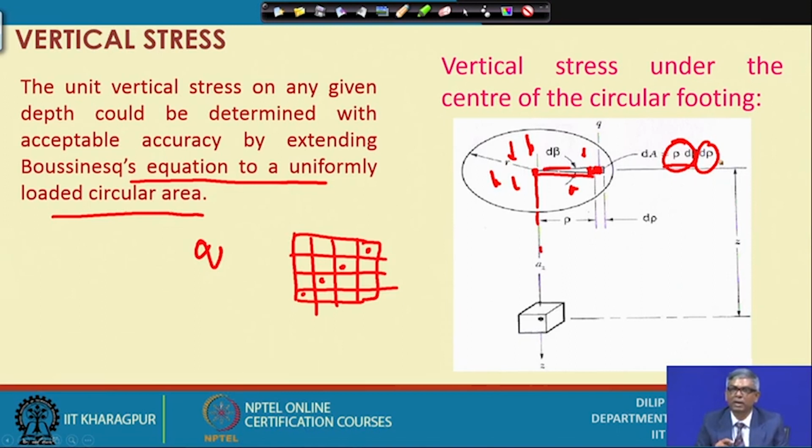Now, this small area, and the intensity is for a uniformly loaded footing. So, q is there.